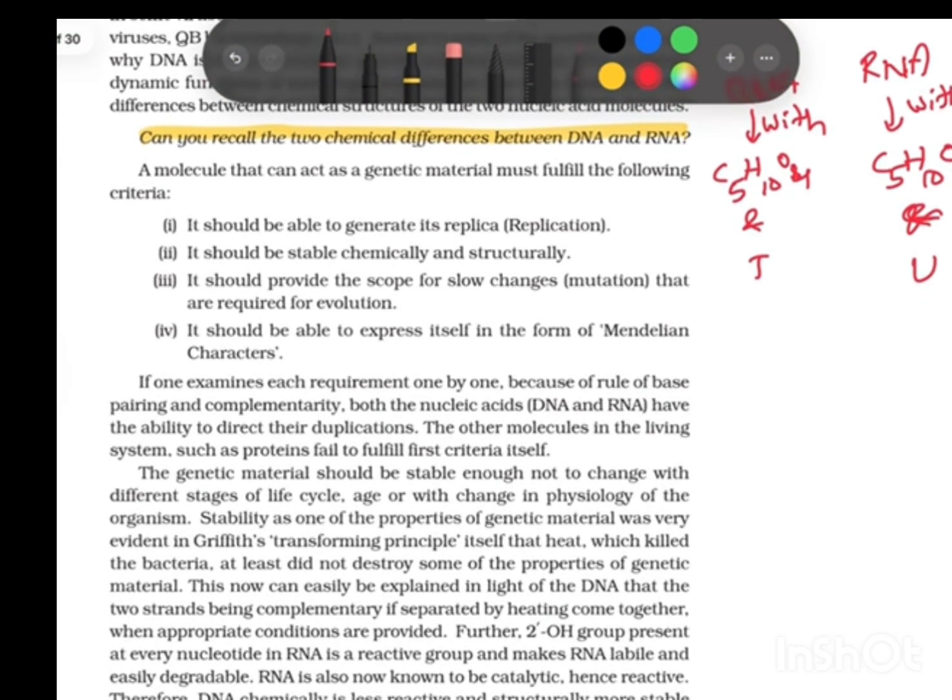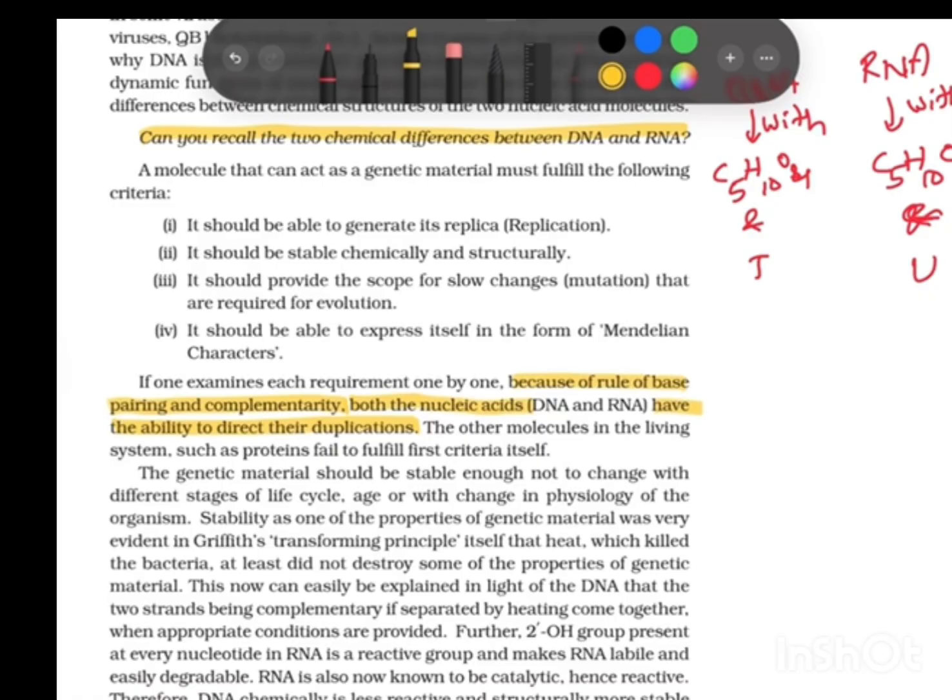Here one more line we can see: because of the rule of base pairing and complementarity, both the nucleic acids DNA and RNA have the ability to direct their duplications. But RNA formation from DNA, where is it replicating? Actually, because of complementarity, not only in DNA is complementarity there between the two strands. Why? Because adenine has the capacity to pair with thymine, as well as guanine with cytosine.